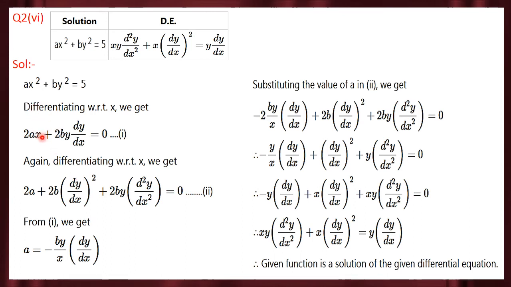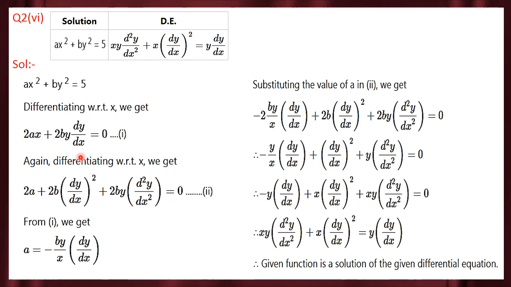So first we will differentiate ax square. The derivative is 2ax, plus b into derivative of y square, which is 2y into dy by dx. So 2by into dy by dx is equal to the derivative of the constant, 0. Again we will differentiate this. So 2a into derivative of x, which is 1 with respect to x, plus 2b into derivative of y into dy by dx.